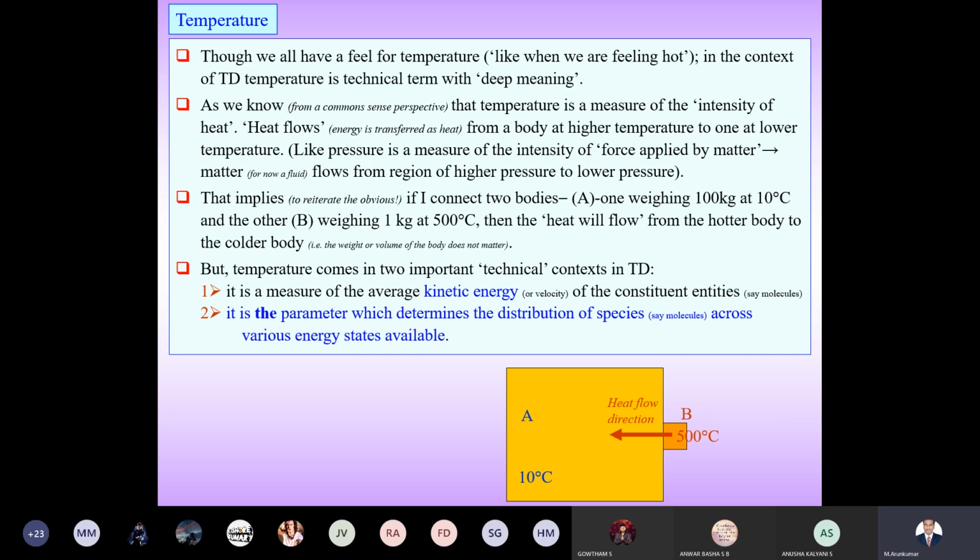So the average kinetic energy is considered in this macroscopic approach. It is also the parameter which determines the distribution of species, meaning molecules, across the various energy states available.